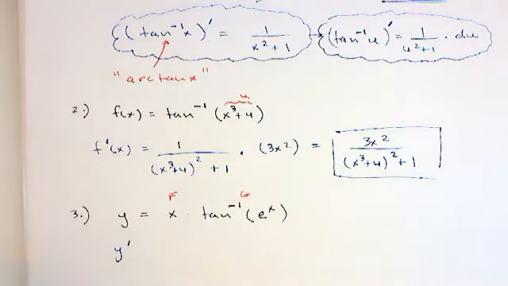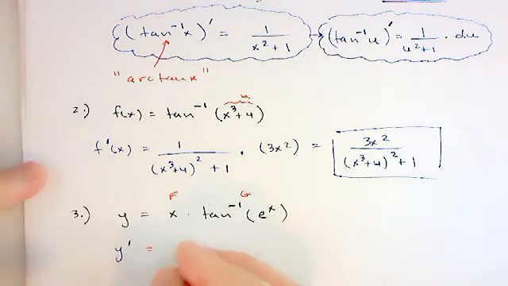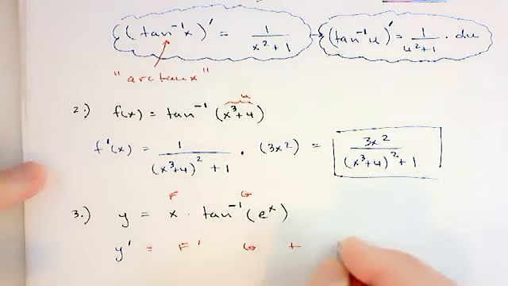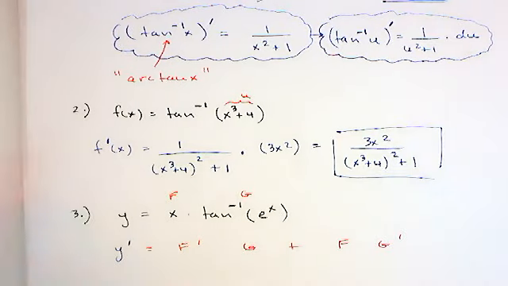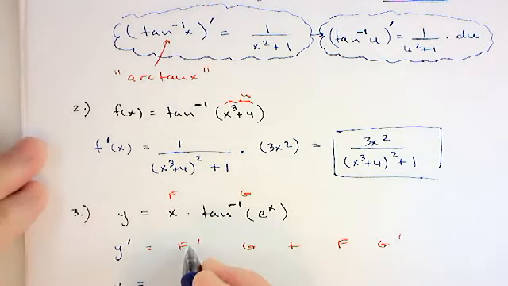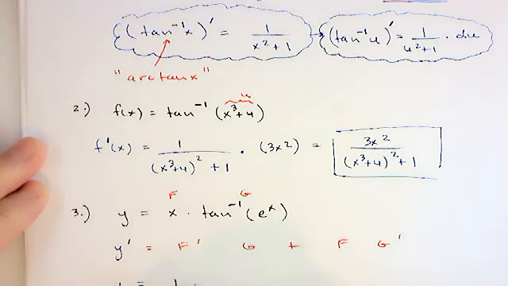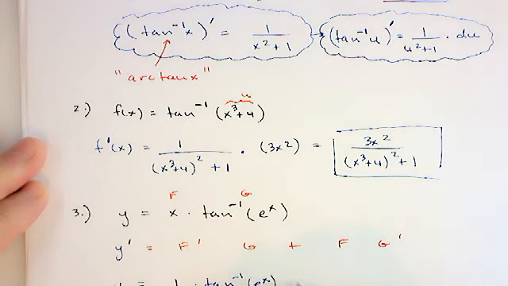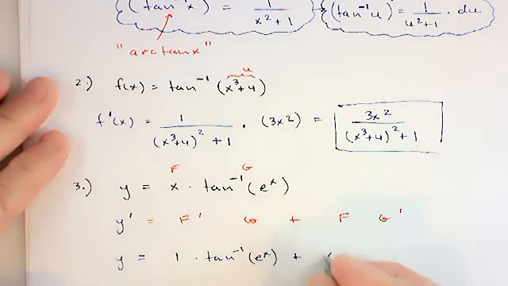Our derivative setup would be f prime g plus f g prime. The derivative of x is 1 times g, tan inverse of e to the x, plus f, let's slide that up, which is x.